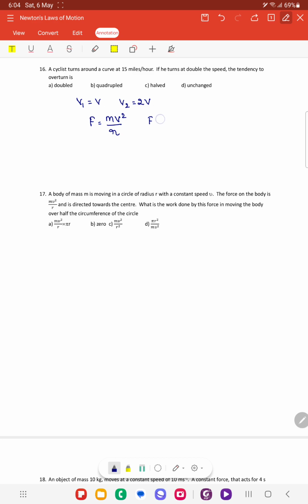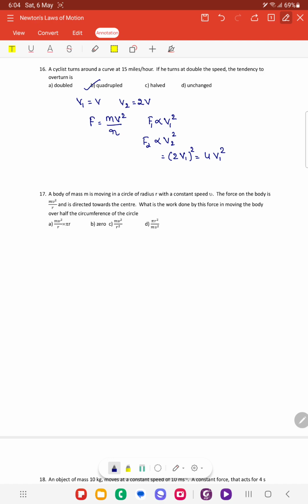That is, F is proportional to v square. Let us consider F1 is proportional to v1 square, F2 is proportional to v2 square. That is, v2 is 2 times v1. So it is 4v1 square. So the tendency of the overturn becomes 4 times, or it is quadrupled. So option B is the right answer.